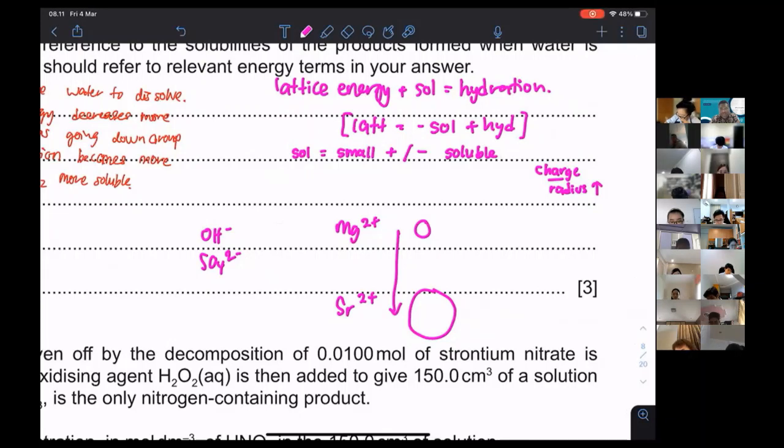But depending on OH minus or SO4 2 minus, which one will decrease more matters. Very important. Which one will be the dominant factor? Which is going to decrease more is going to be important.